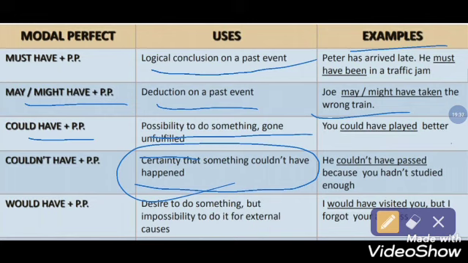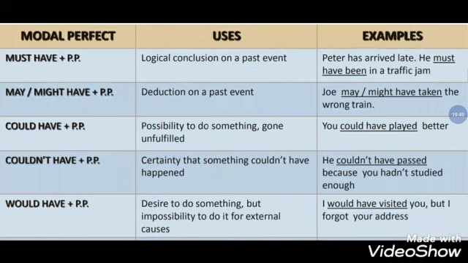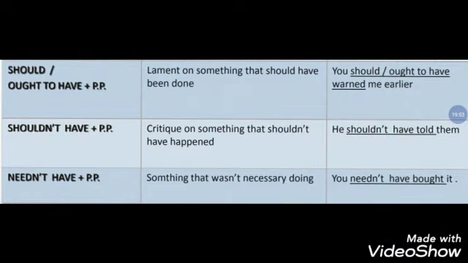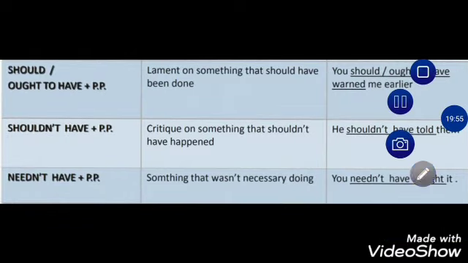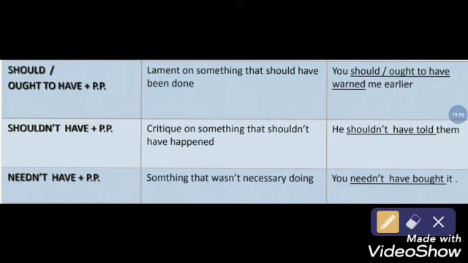And the next word is would have plus past perfect. It shows desire to do something or impossibility to do it because of external causes. And for example, I would have visited you, but I forgot your address. And next is should or ought to have plus past perfect.